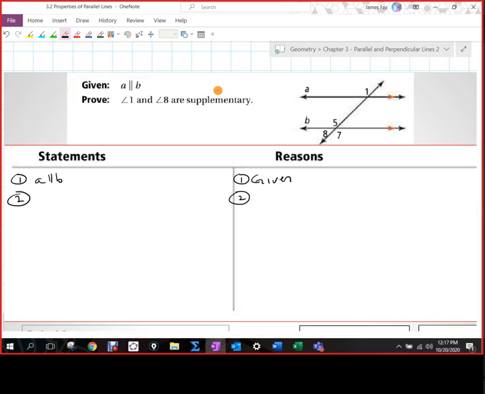So if I look at my picture up there, what are some angles that you know to be relatable to one another? Ready? Okay, so angle 1 is going to be congruent to angle 5. And we had the theorem. Now, I should write: if two parallel lines are cut by a transversal, then corresponding angles are congruent, right? You guys want to write that?